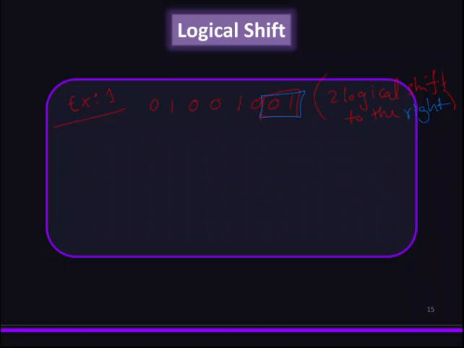In the right, what we have to do is just put 3 zeros over here. 1, 2, 3. Then put this value 0, 1, 0, 0, 1. 1, 2, 3, 4, 5, 6, 7, 8. So this is the number.